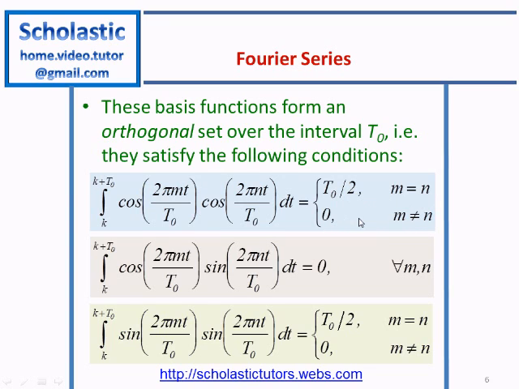That is the condition of orthogonality. And when these two functions are different, when you take cos and sine, for all values of m and n, it should be 0. And if you multiply two sine terms, we should get T0 by 2 when m equals n, and 0 when m is not equal to n. So these are called basis functions.